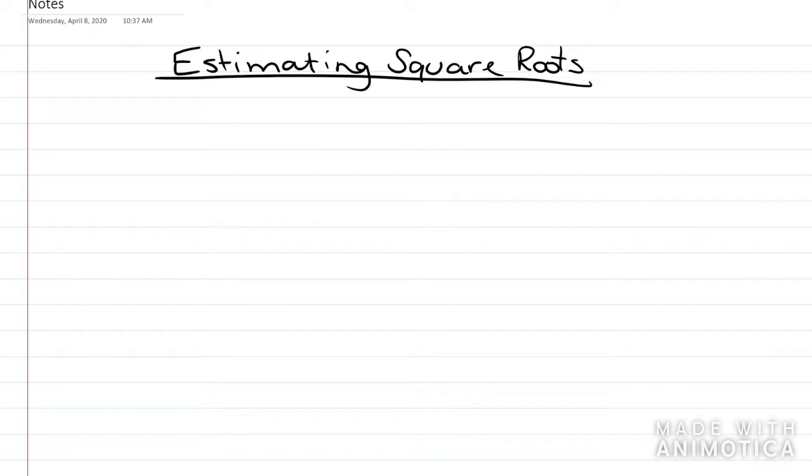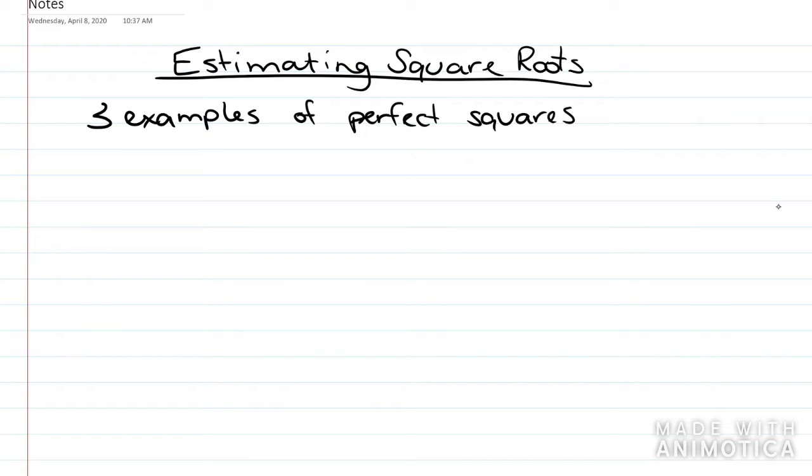So what are three examples of perfect squares? There's endless possibilities for this, but simple ones are going to be 4, 9, and 81.